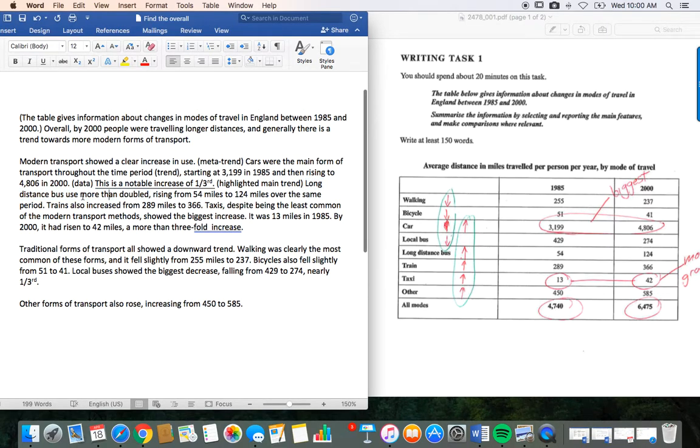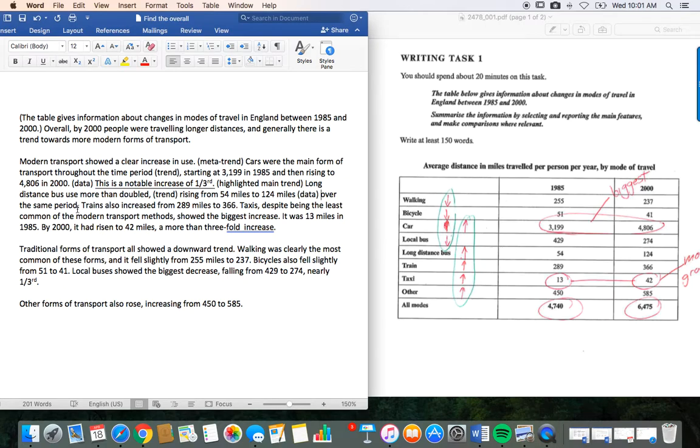So again, I'm highlighting it, more than doubled. All right, 54 to 124. That's 100%, more than 100% growth. More than doubled, then comma, rising from 54 to 124. Again, I've done the same thing. I've started with the trend, and then I've supported it with data. All right, trend, data.